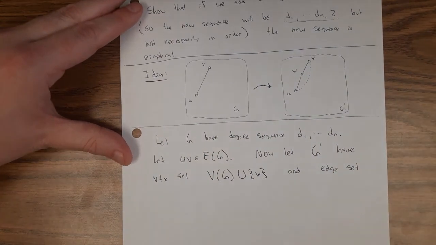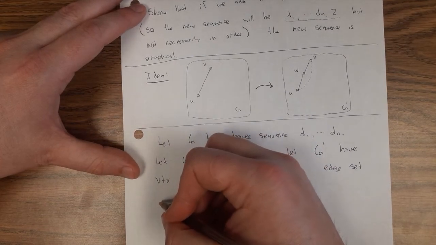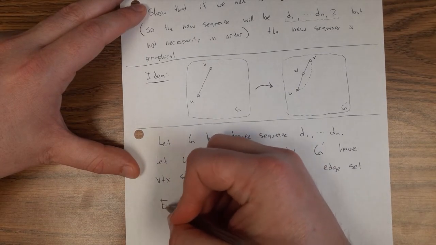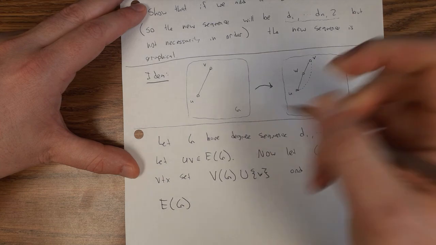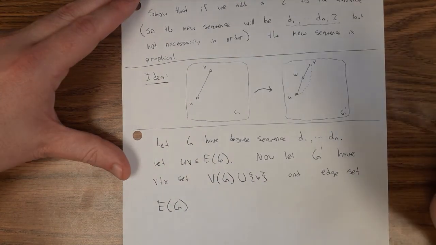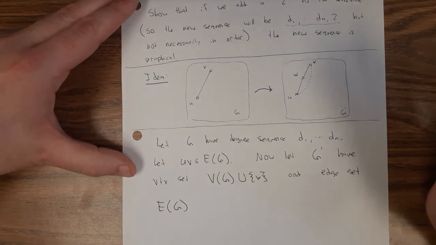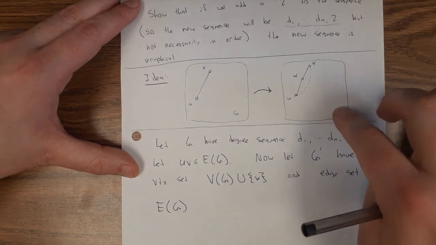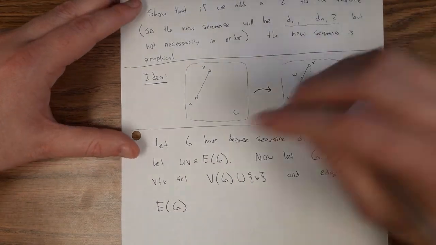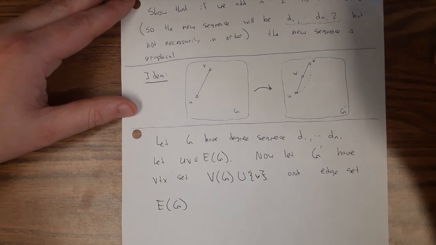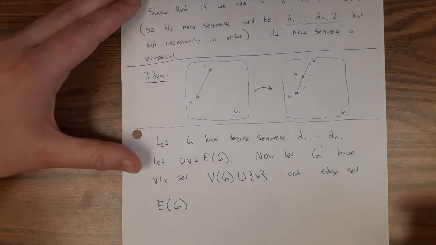And now we'll just describe the edge set. G and G prime are almost the same. So I'm going to start by just writing the edges of G, and then I'm going to write how we changed it.